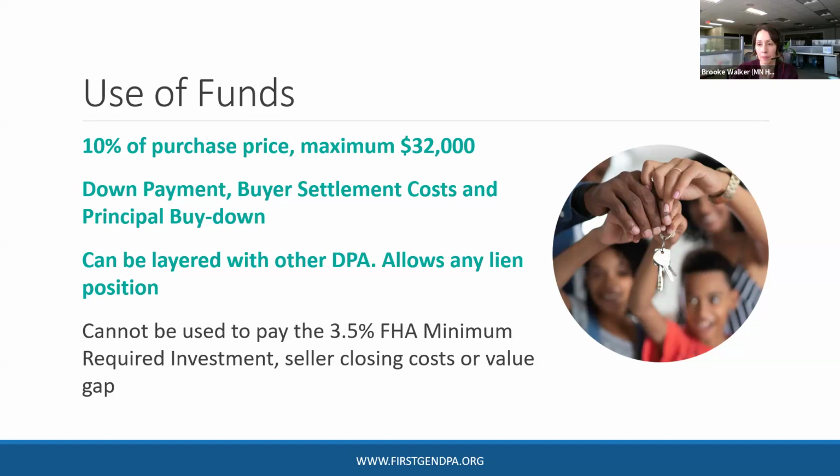And if you remember, in order to use down payment assistance, it's based on the source of funds, and the assistance has to be closed in a government entity's name, and that will not apply for the First Gen Community Fund. So these dollars cannot cover that. There may be other dollars in the transaction that can, but it's just important to note that these dollars are not eligible for that.